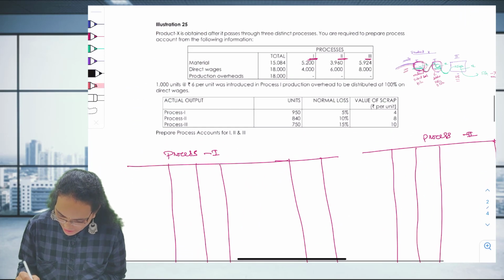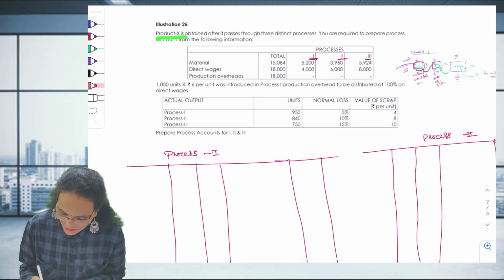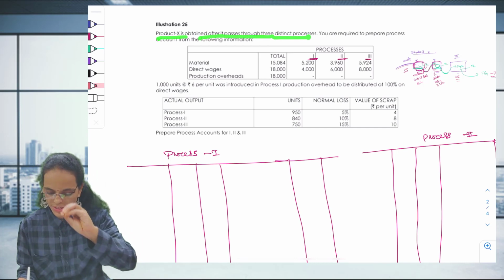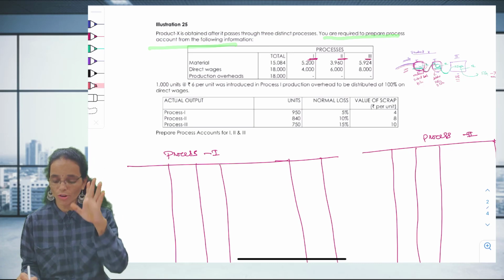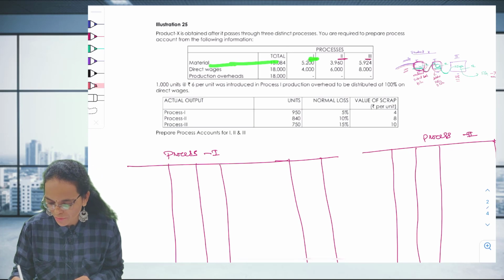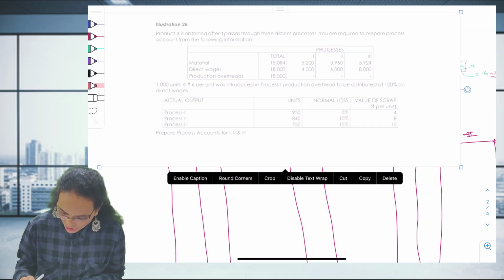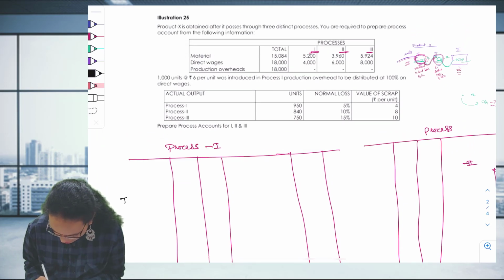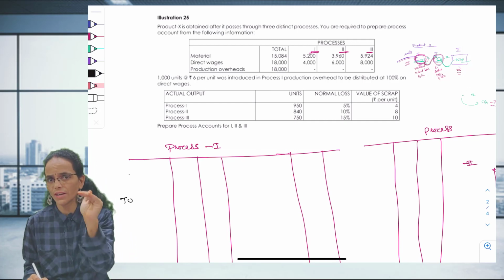See, first once again read the question for your understanding. The product X is obtained after it is processed through 3 different distinct processes, means different processes. You are required to prepare the process account from the following information. First you take the information, the material. In process 1, process 2, process 3, what is the material is given. You come here. In the first process, material, you start from here. Don't start from the top, leave one line.